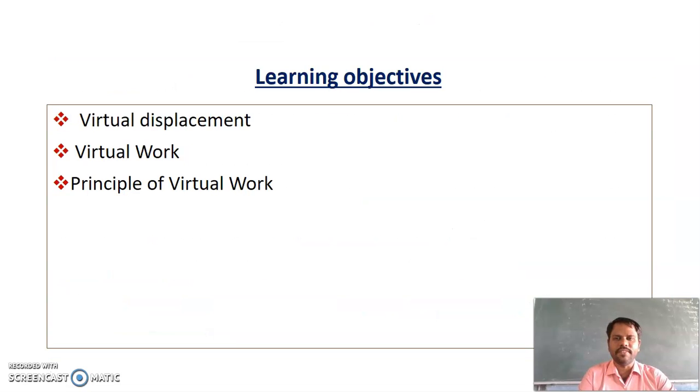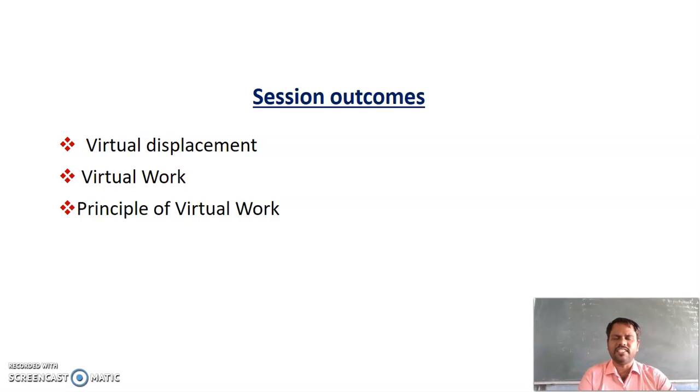The learning objective of this session is to understand virtual displacement, virtual work, and principle of virtual work. By the end of this session, we will understand what we mean by virtual displacement, virtual work, and principle of virtual work.